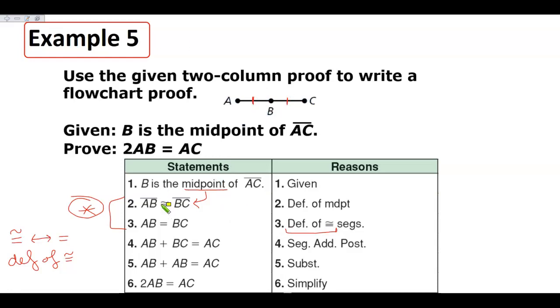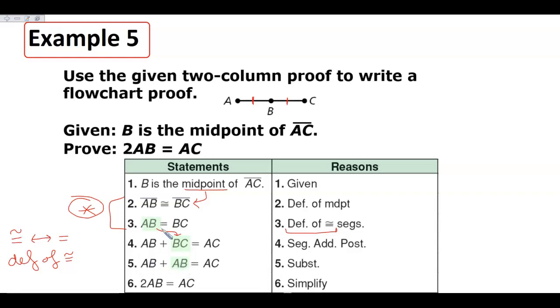Now, look what's happening right here. I know that AB and BC are congruent. So I'm going to take this AB and plug it in for this BC to get this one. Does that make sense? AB and BC are equal, so I can plug in AB here. And that's where this comes from.